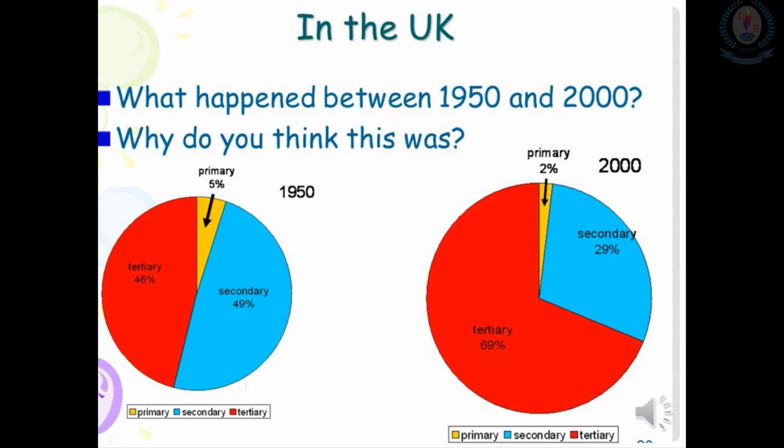In 1950 it was 49%, but in 2000 it was 29%. That means the chart indicates the UK has moved to the tertiary sector.